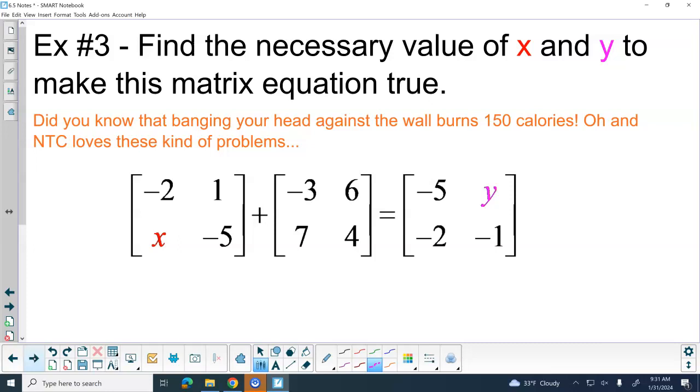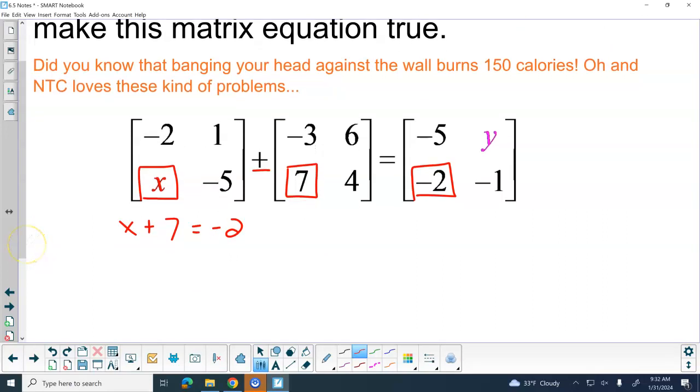Well, you know that x is down here in this position, so it's got to be added to this, and we should get that. So this is going to be x plus 7 has to equal negative 2. If I solve that equation by subtracting 7, I get x equals negative 9.